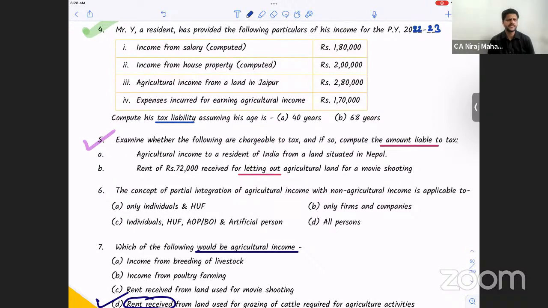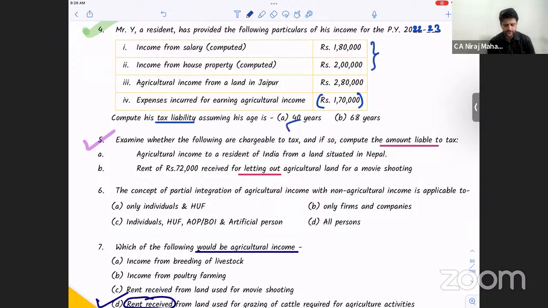But he's a resident and an individual. Obviously age is given. So now, what do we have to check? Is he an individual? Yes. Whether his agri income is more than 5,000 rupees per annum? Yes, though we have to reduce the expenditure, the net is still more than 5,000. And is his non-agri income more than BEL?